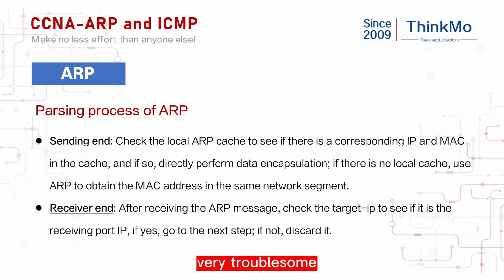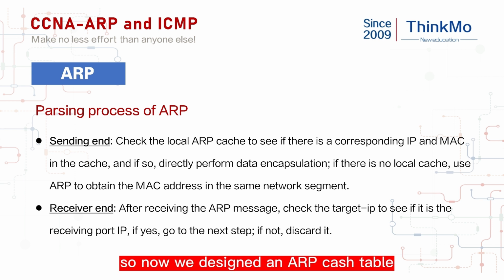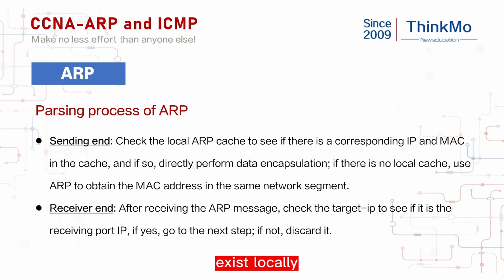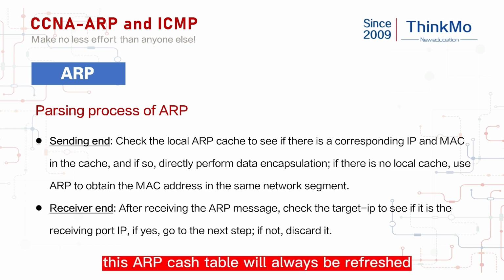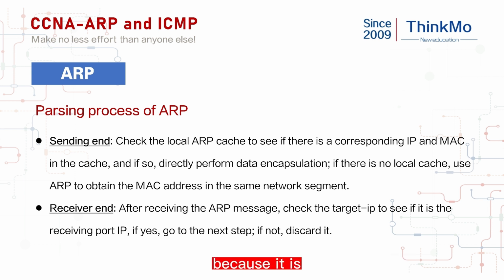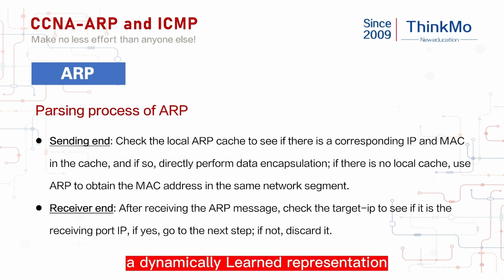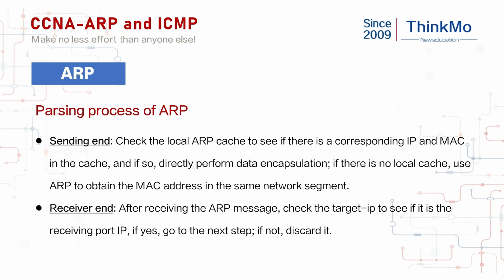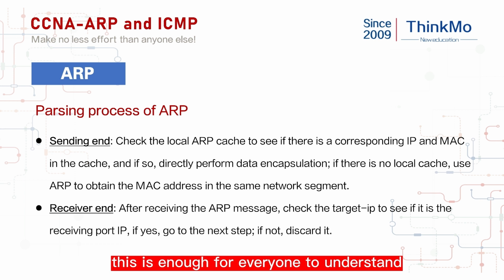Very troublesome. So now, we designed an ARP cache table. Exist locally. You often have to send data. This ARP cache table will always be refreshed. Otherwise it may be aged out, because it is a dynamically learned representation. This is enough for everyone to understand.